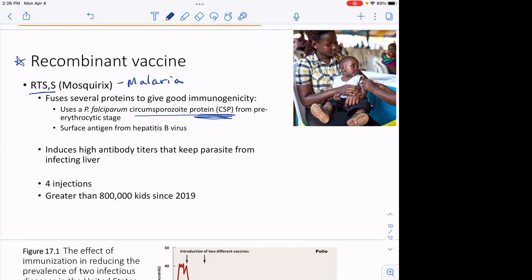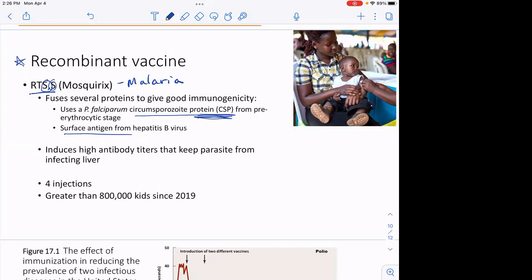So to boost the immunity, they had to use a surface antigen from hepatitis B virus. I don't know how they chose hepatitis B virus, but they picked a protein from another pathogen that does cause a good immune response, and they express that as well. That's what the S is from, this hepatitis B virus.